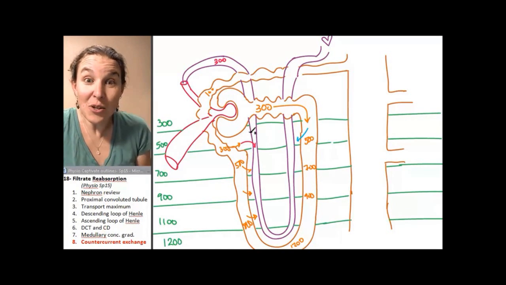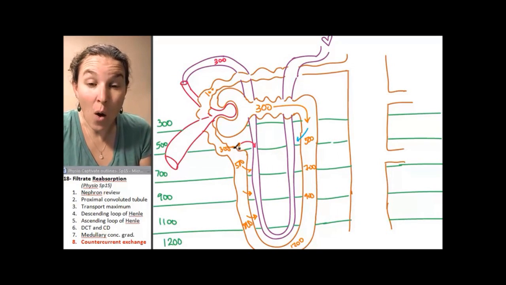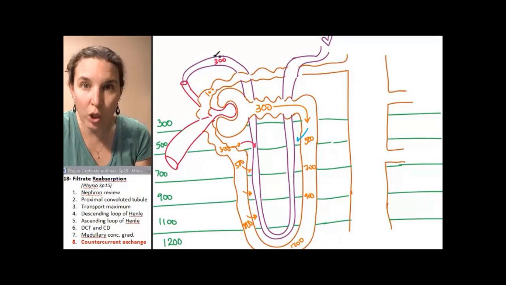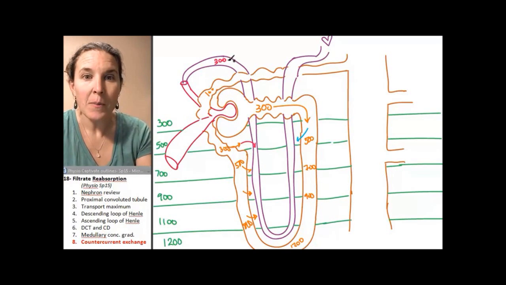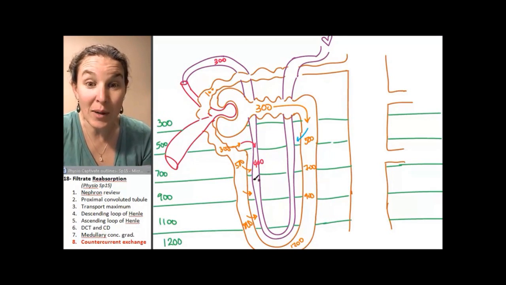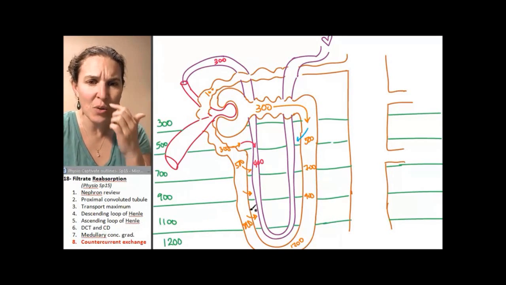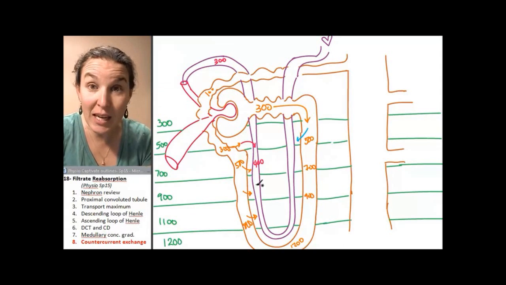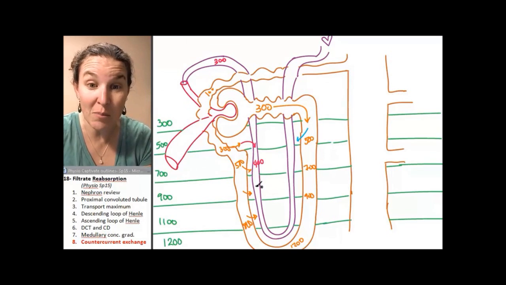And there's a concentration gradient because now all this stuff is coming out and it's going to be picked up by this lower concentration blood that's flowing in. So the concentration of the blood is increasing as it goes down because it's going right next to the ascending loop of Henle, and it's picking up all those solutes that are being pumped out.